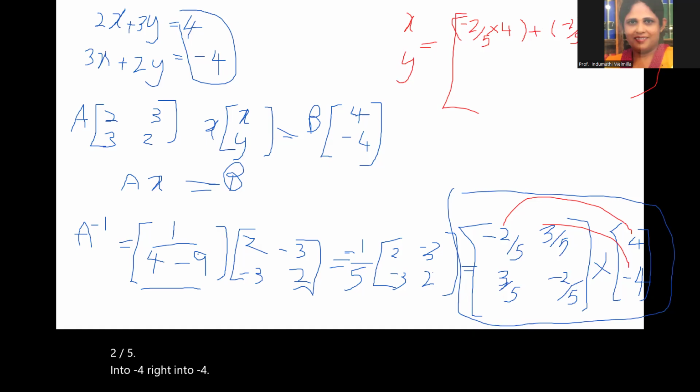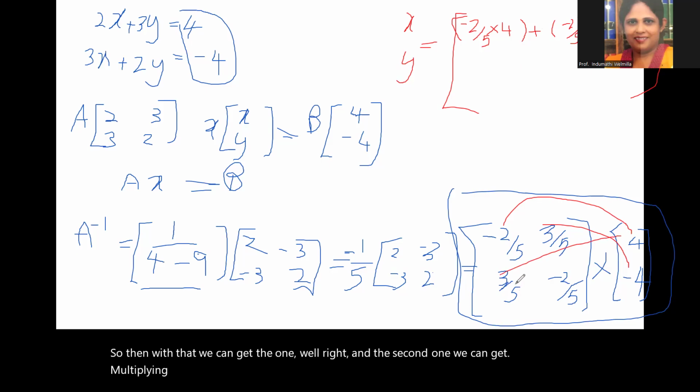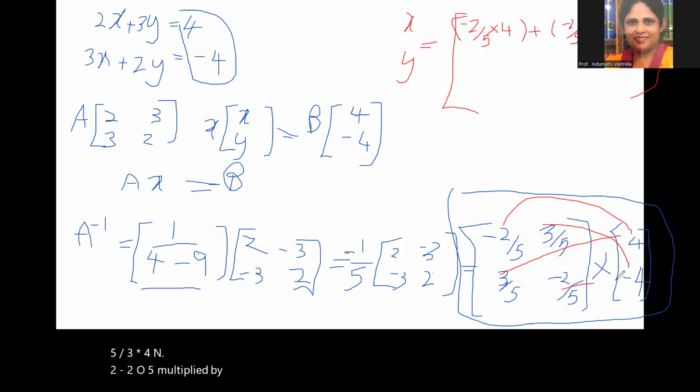Okay, so with that we can get the one value. And the second one we can get by multiplying 3 over 5 by 4 and -2 over 5 by -4, this one and this one.